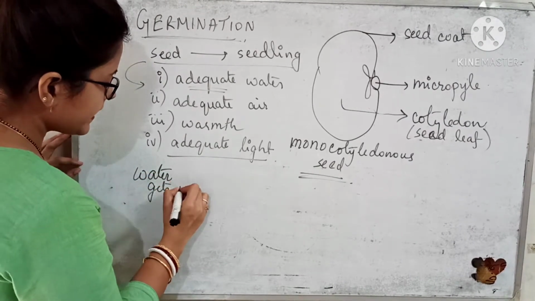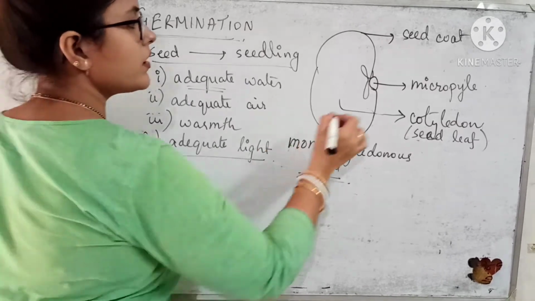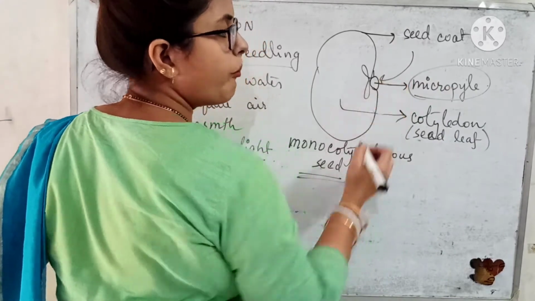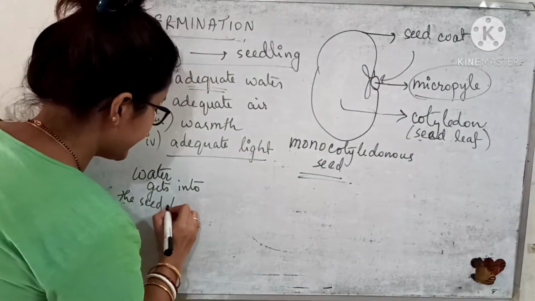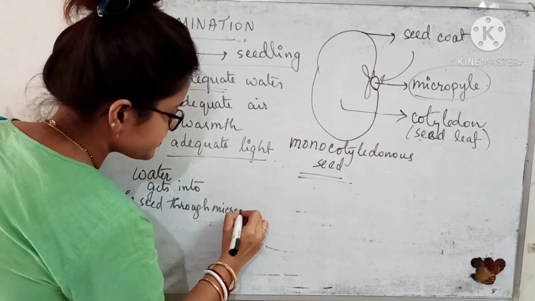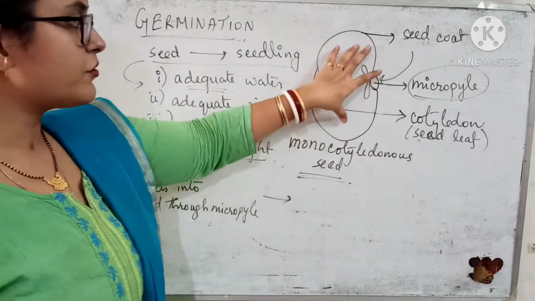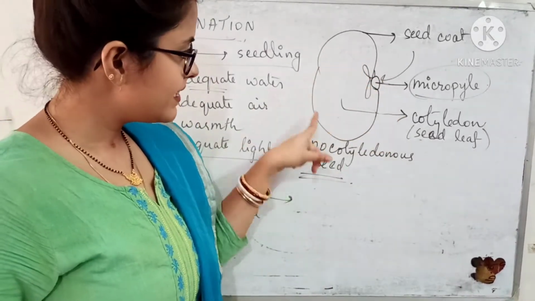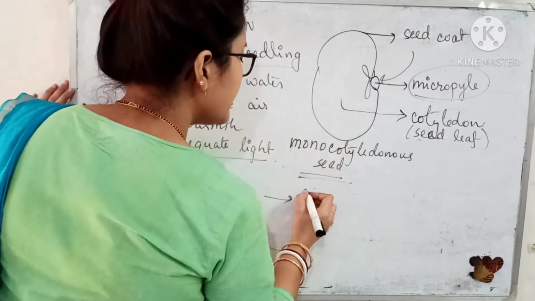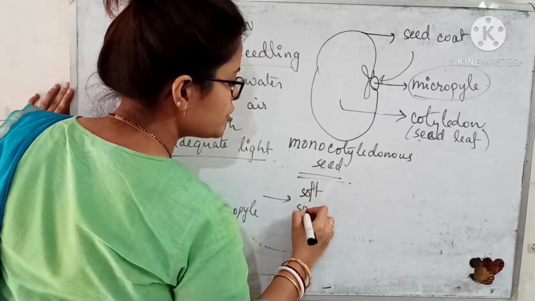Water gets into the seed through this tiny opening or hole, that is the micropyle. Understood? Water gets into the seed through this micropyle and makes the seed soft and spongy.